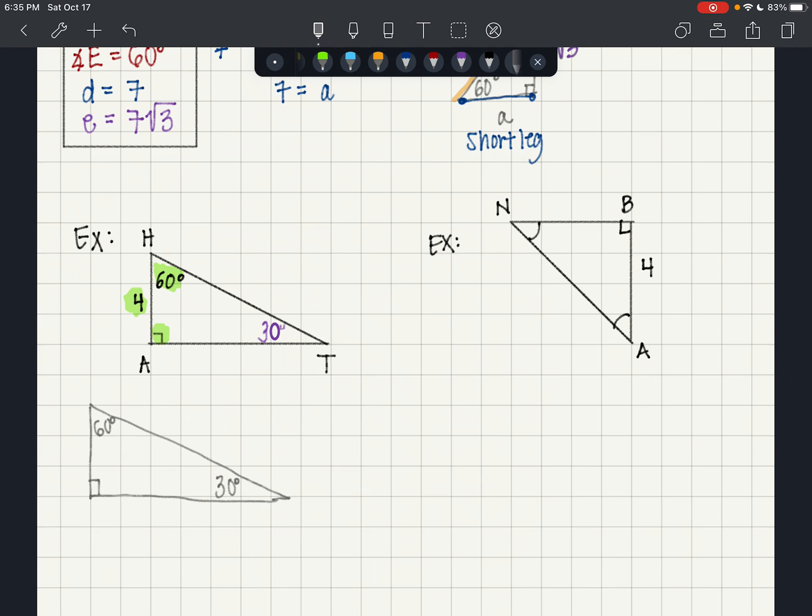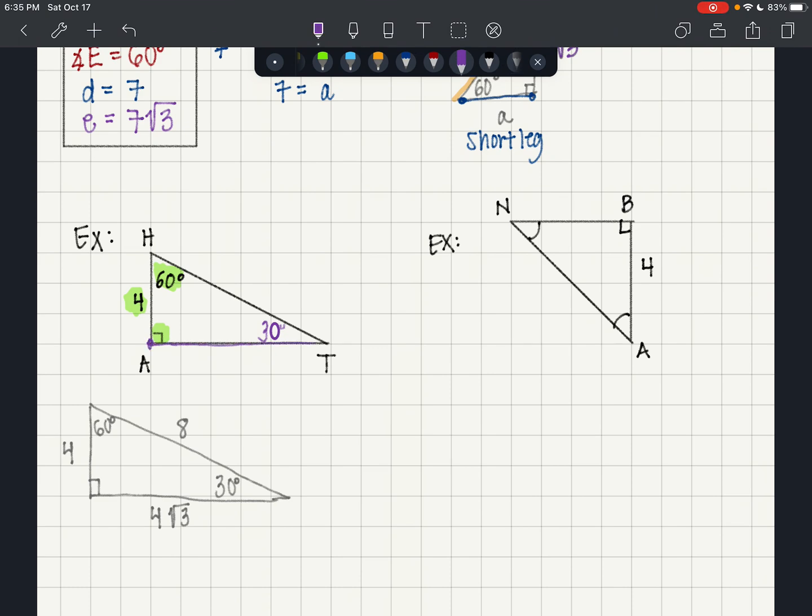Across from the 30-degree angle, we have the short leg, which is 4. That means the long leg is going to be 4 times the square root of 3. And the hypotenuse will be twice the short leg, so that is going to be 8. So I'm going to fill in purple.